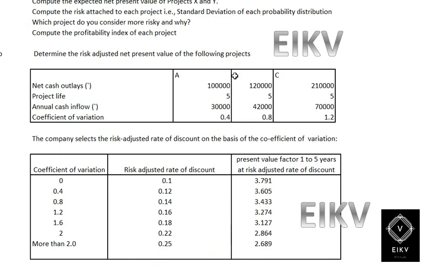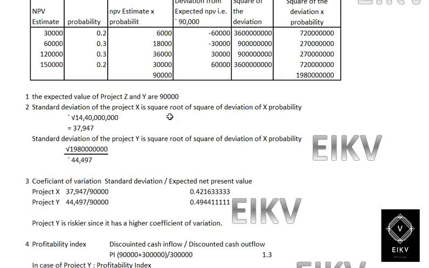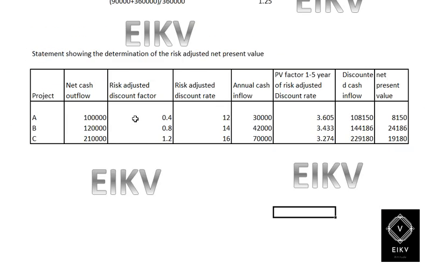Here we have given the net outlay or cash outflow as 1 lakh, 1 lakh 20,000 and 2 lakh 10,000. Next we have risk adjusted discount factors 0.4, 0.8 and 1.2. Then the risk adjusted discount rate will be 12, 14 and 16.